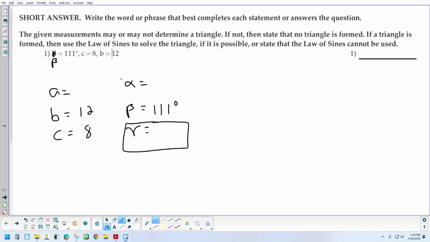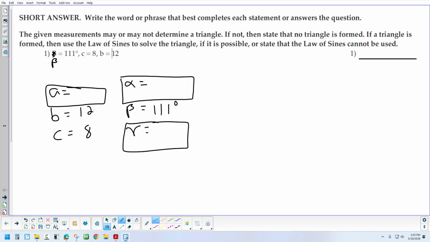If one row is completely filled out, so we're looking to see if we have a full row. Do we have a full row? Yep, so then this is definitely law of sines.